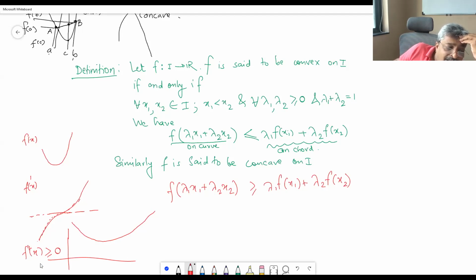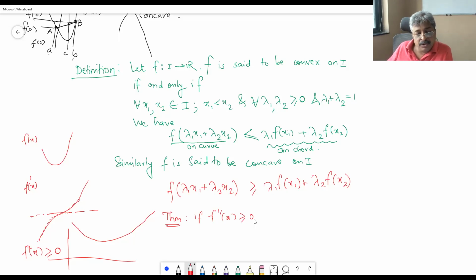That is what f double dash is. So what am I trying to do here is theorem: if f double dash of x is greater than or equal to 0, then sorry, now I got greater than or equal to 0.